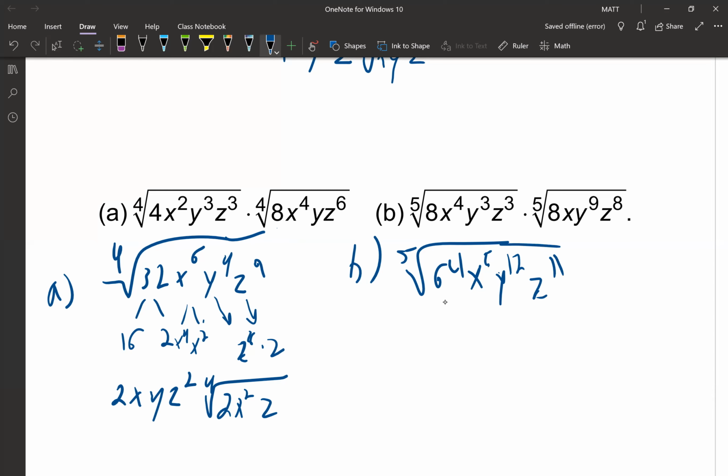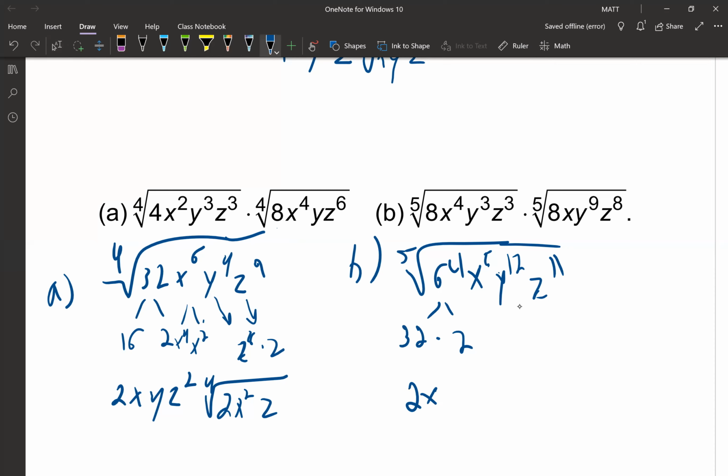Right? So now we can simplify, right? So 64 is what? 32 times 2? Right? And 32 to the fifth root is going to be 2. X to the fifth root is just x.